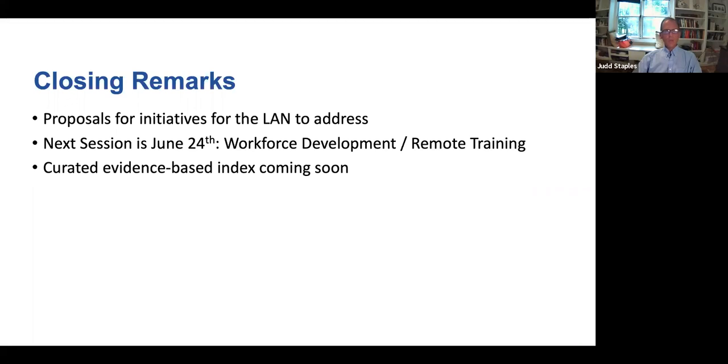So we're going to talk about tools, and we're going to have a great panel put together for that. I hope you can join us again July 8th. We'll also have coming up a talk about our curated evidence-based index, where we're gathering all these tools that you are mentioning and finding more, and the evidence behind them, so everybody has a common reference for them, and we'll be presenting those in the future.